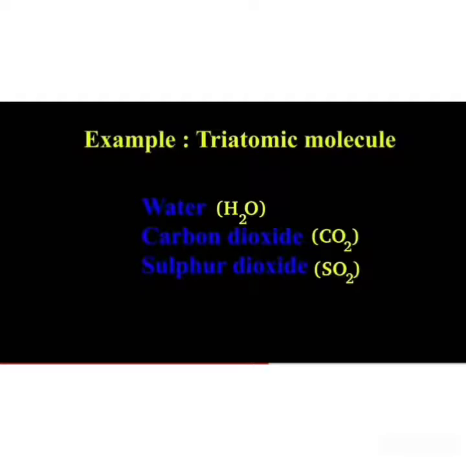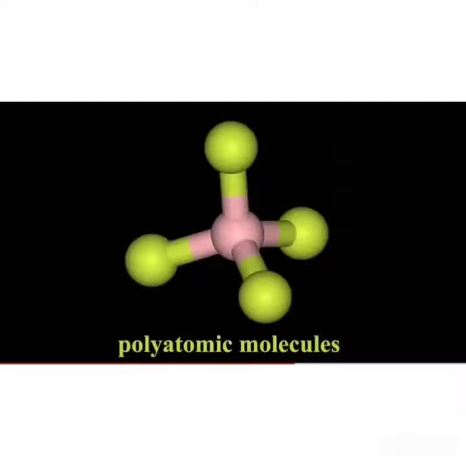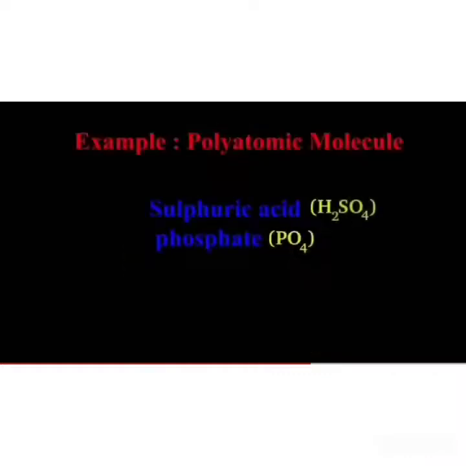Examples: water, carbon dioxide, sulfur dioxide, etc. Molecules with four or more than four atoms are called polyatomic molecules. Sulfuric acid, phosphate are a few examples of polyatomic molecules.